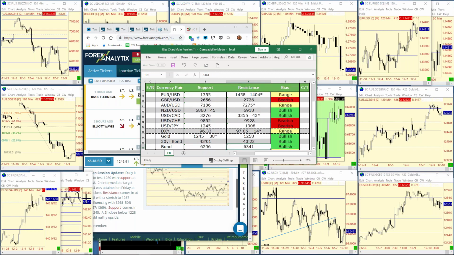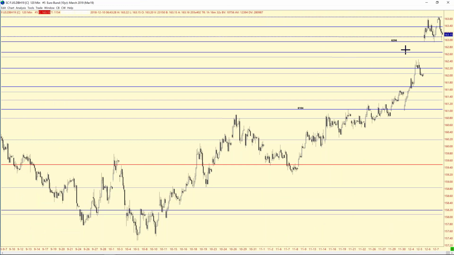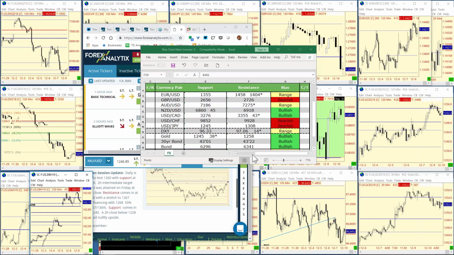Certainly bullish. And let's go take a look at the Bunds. Bunds have eased back a bit finally. 62.96 here, and resistance at 63.33. Keeping that right there. And let's quickly move to the DAX.